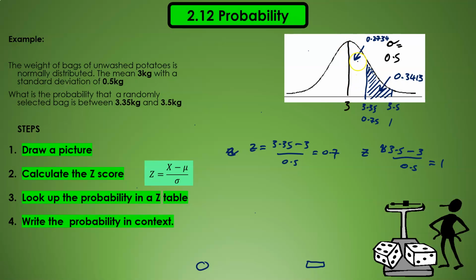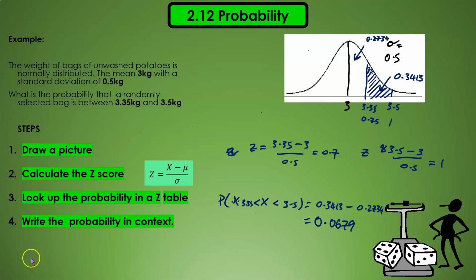So the difference is this area. So the probability that x is greater than 3.35 but less than 3.5 is equal to 0.3413 take away 0.2734, which is 0.0679.